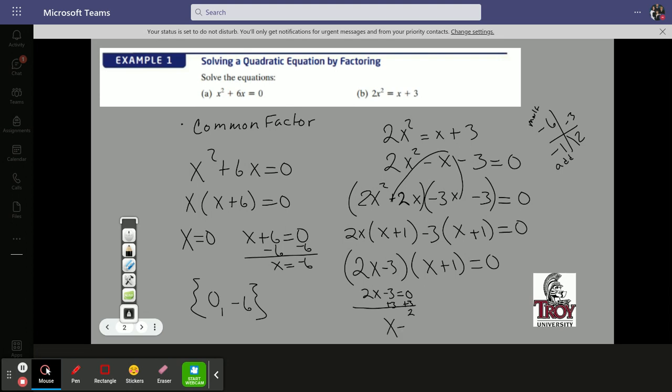And that's going to give me x equals 3 halves. And if I have x plus 1 equals 0, then I have to subtract that 1, and x equals negative 1. So my solution set is going to be negative 1 and 3 halves.